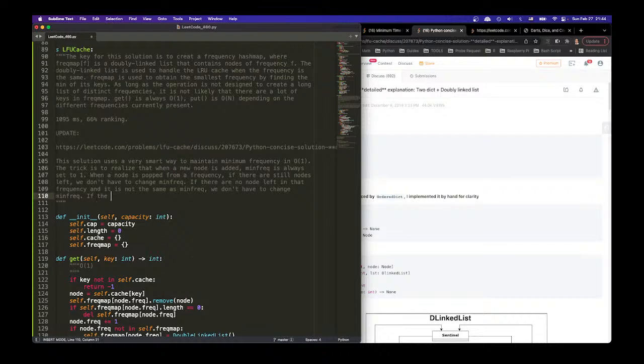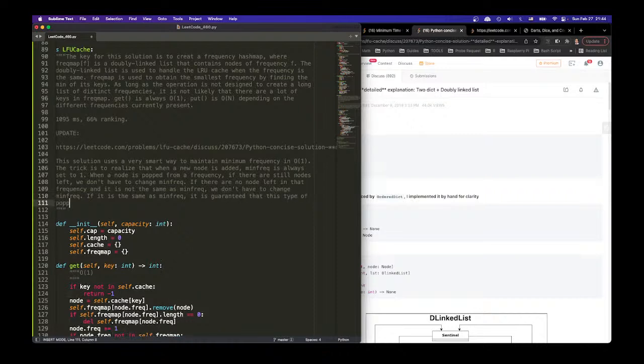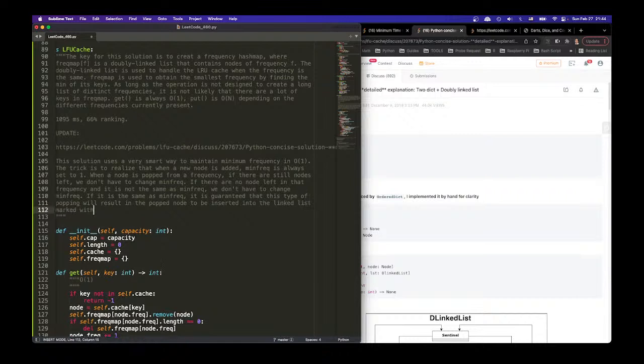If it is the same as min frequency, it is guaranteed that this type of popping will result in the popped node being inserted into the linked list marked with frequency plus 1.